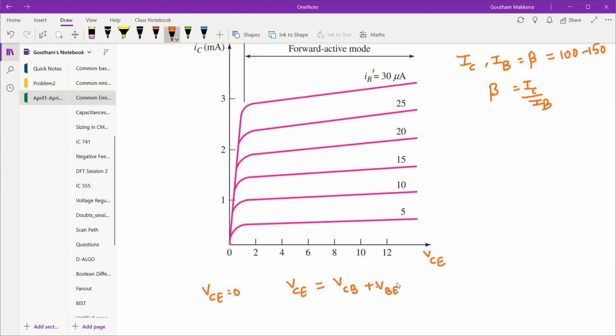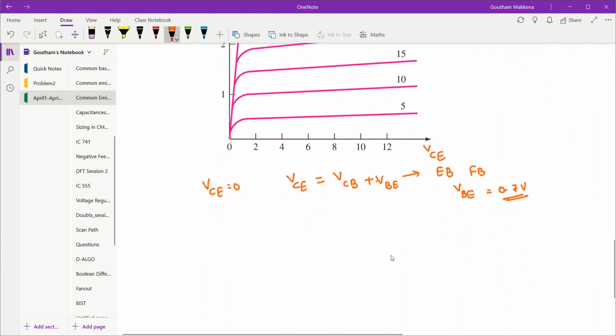VB is the input voltage, and the emitter base junction has to be forward biased. That means, from the constant voltage model, VB is set at 0.7 volts.